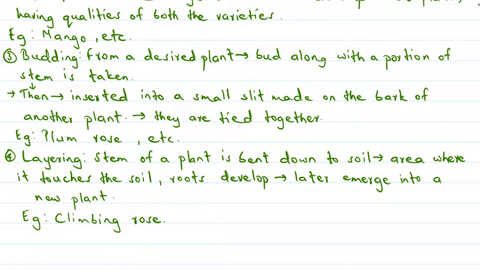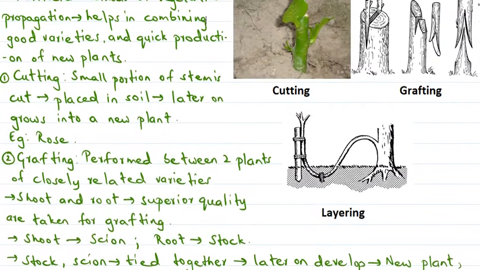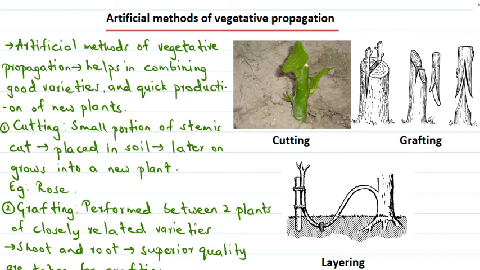Okay, so now let's revise the things that we have covered today. We discussed the artificial methods of vegetative propagation, which are performed artificially.